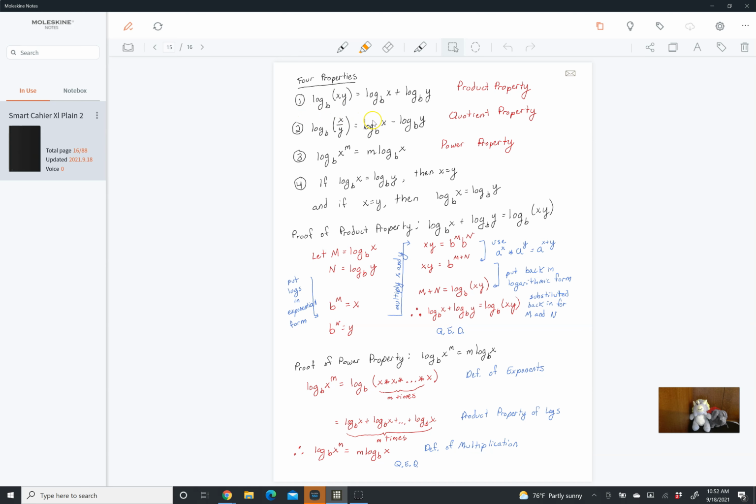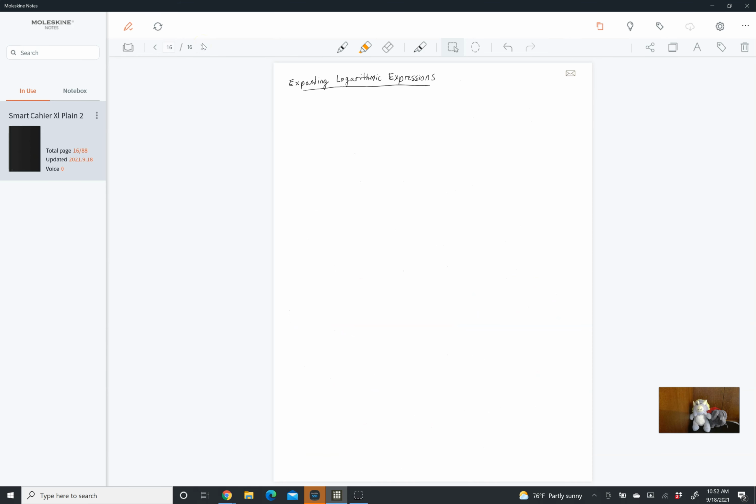Okay, so let's take a look at the properties for a second. These are the four properties. When we're expanding, we're going from this form where there's one log, we call this condensed form, to this form where it's two logs, and that's expanded form. So just like when we simplified exponential expressions, when we expand logarithmic expressions, there are two things that we're looking for, two, not three.